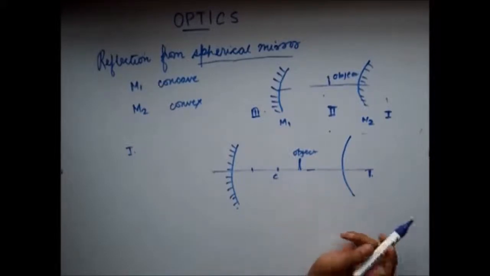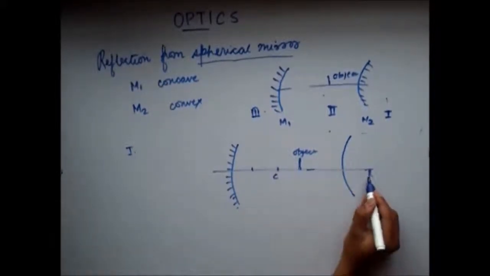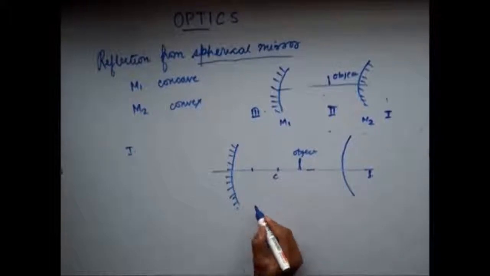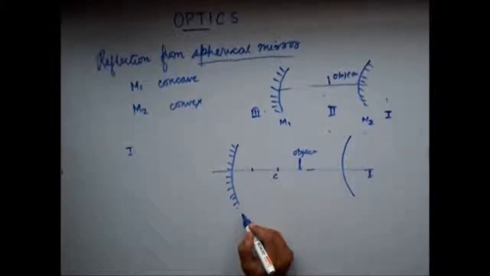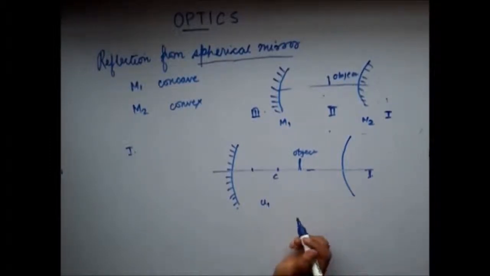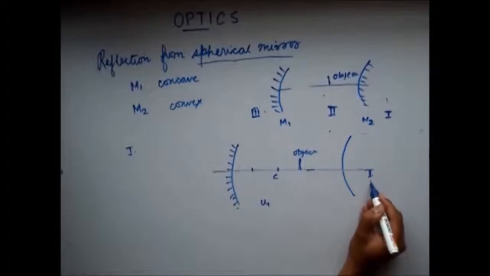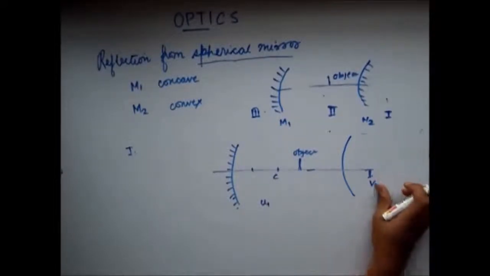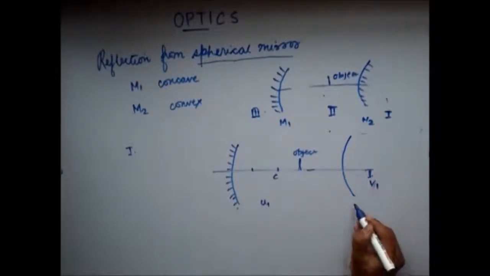So my object is surely placed here. And what will be the nature of the intermediate image? If I call the initial object distance U1 and this one V1, and the final image V2.